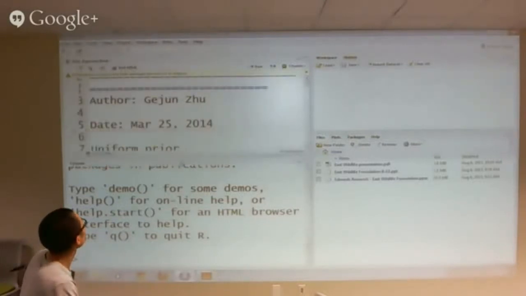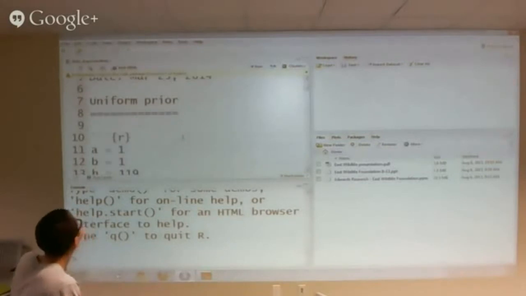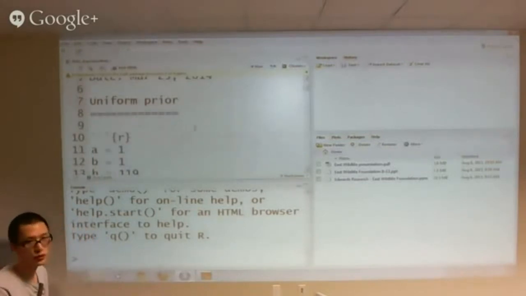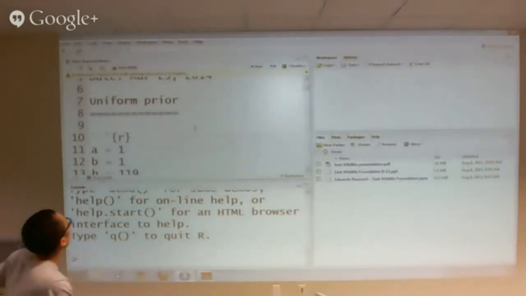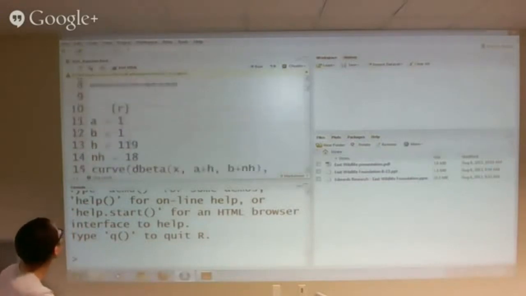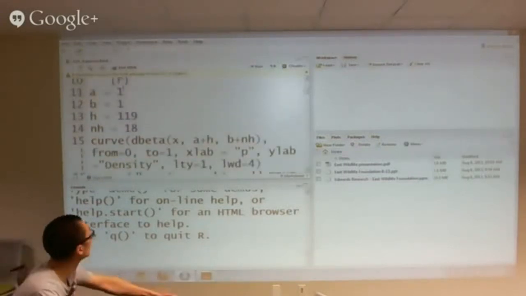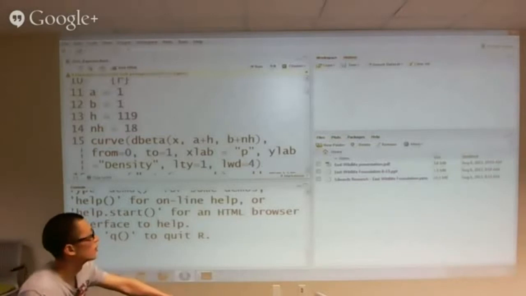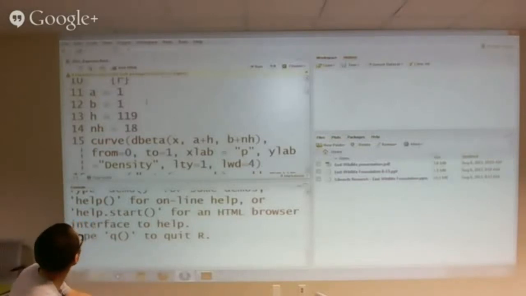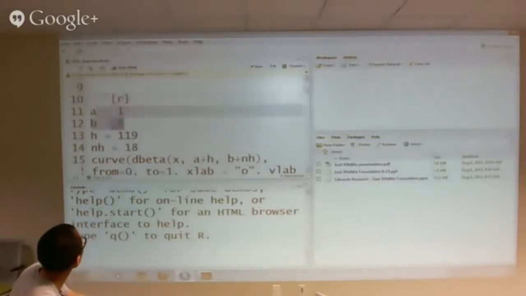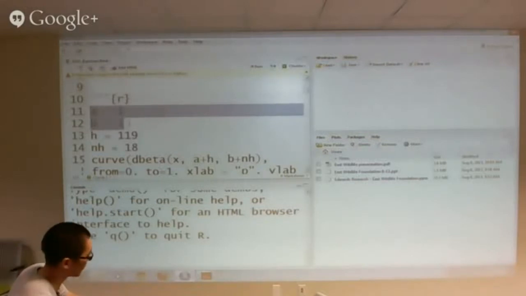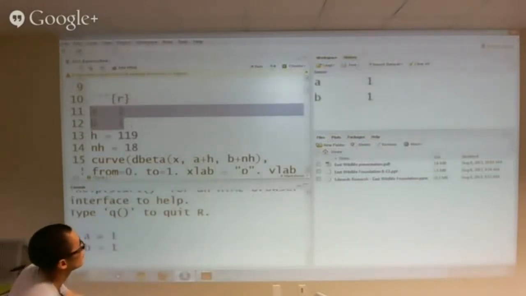So let's see. I used R Markdown to do this file. So we see here, the first example is the beta distribution. We just set two parameters, A is equal to 1 and B is equal to 1.